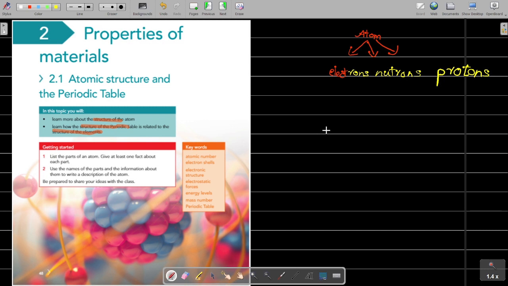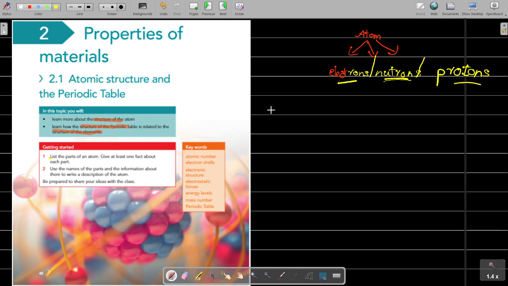Okay, there are three types of atoms called electrons, protons, neutrons. Okay, first question we have finished, and we shall give one fact about it.